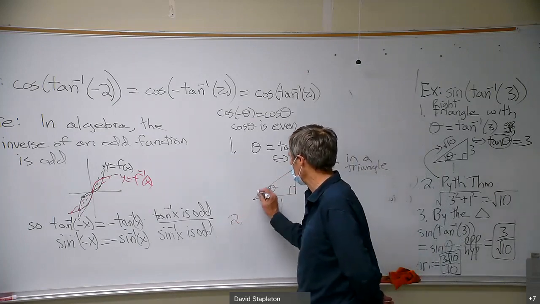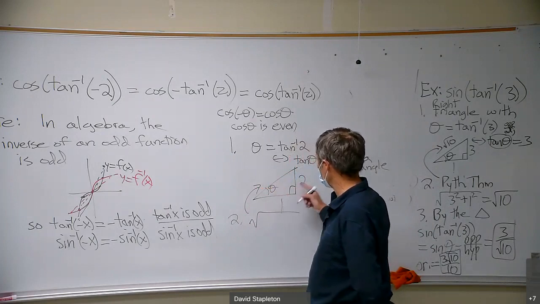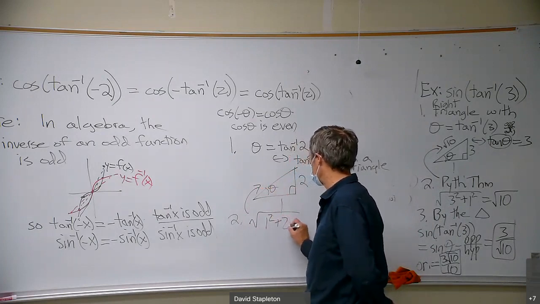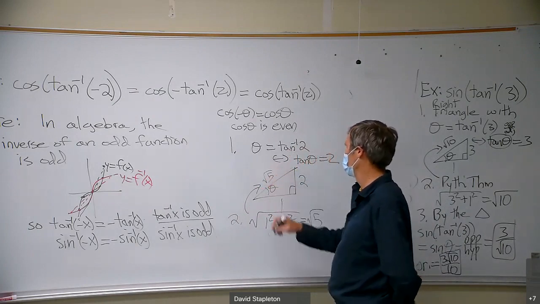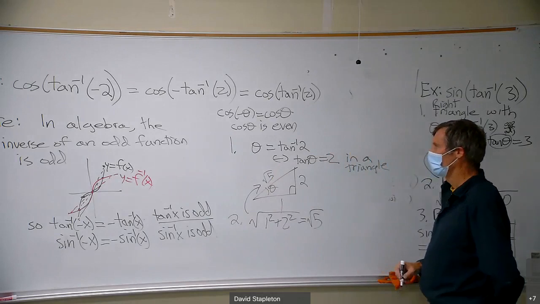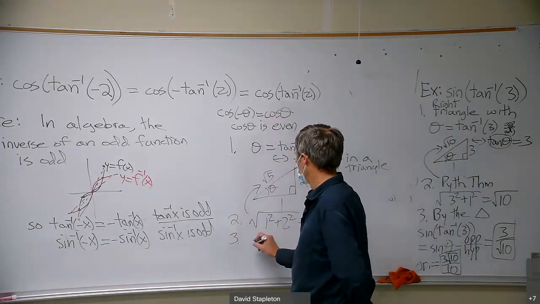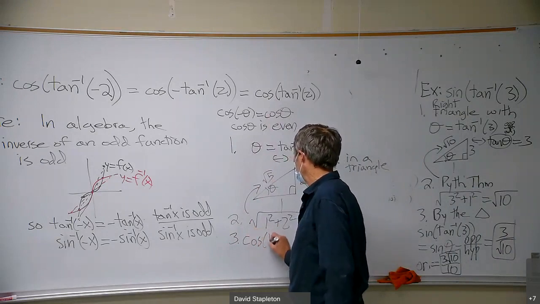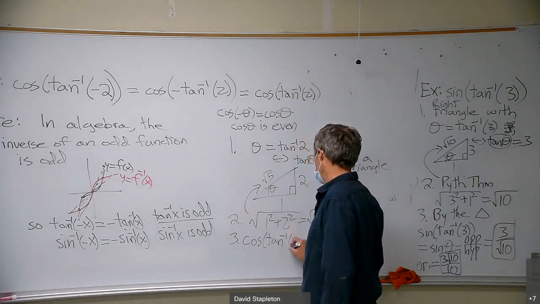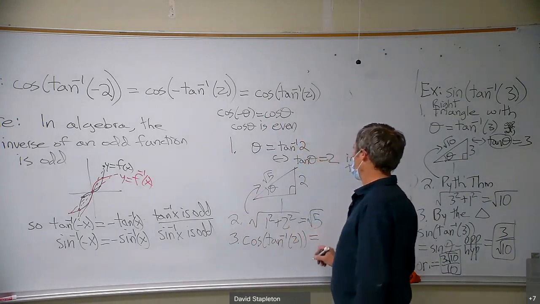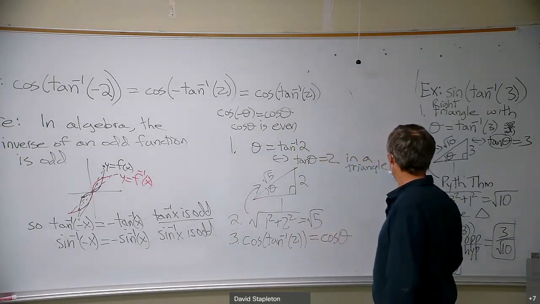Step 2, you calculate the last side by the Pythagorean theorem. For the hypotenuse, it's the root sum square of these. Square root of 1 squared plus 2 squared is square root 5. So I label that square root 5. And step 3, I just read off the triangle to evaluate this expression. Cosine of the arctangent of 2, which is also the cosine of arctangent of minus 2, equals the cosine of theta, because I made it that way.